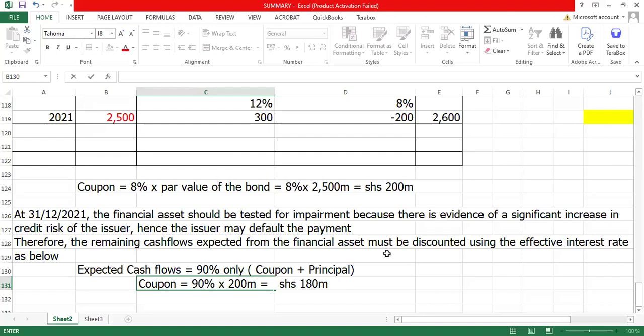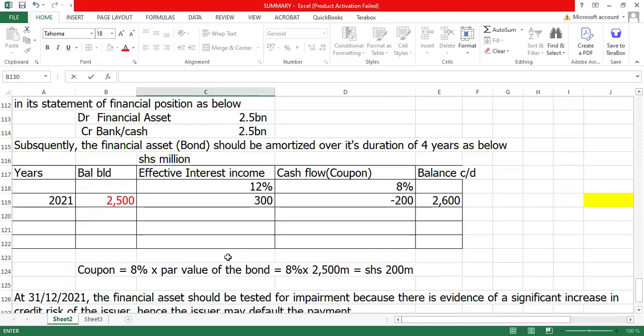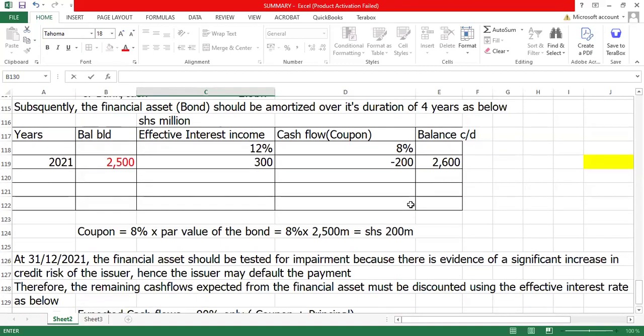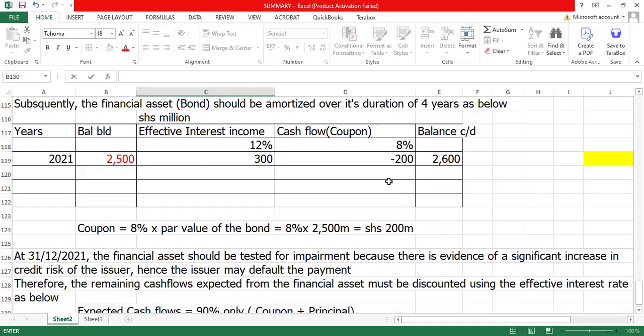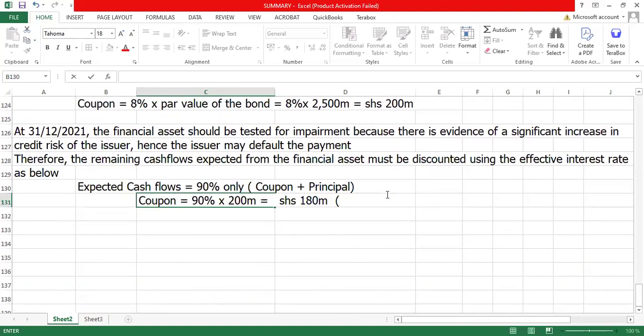You expect this for how long? Remember, you have already received the money for 2021. So the remaining cash flow you expect is for only 2022, 2023, and 2024, so from year 2 to year 4.